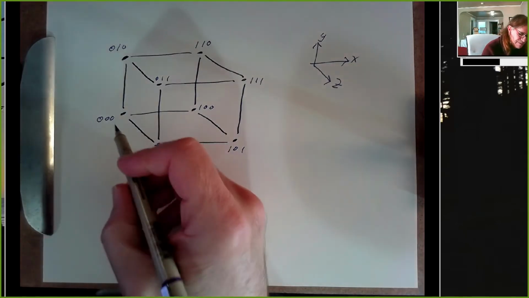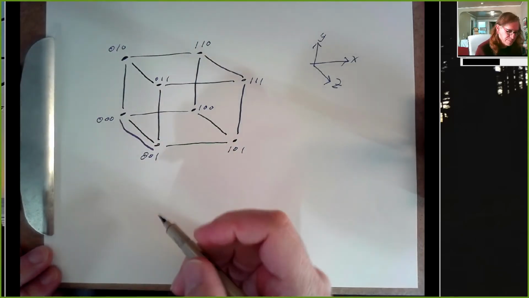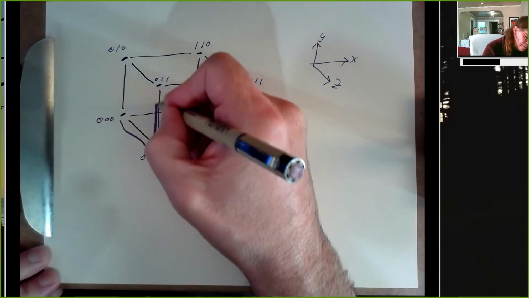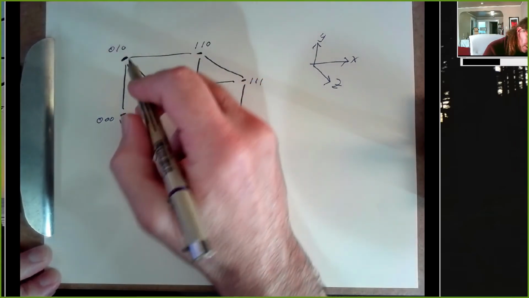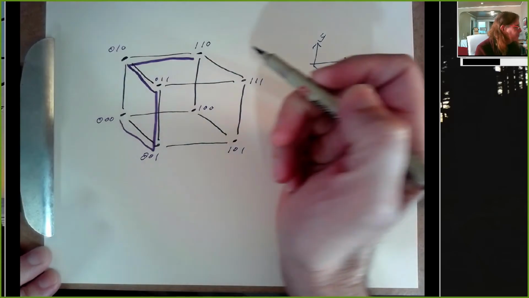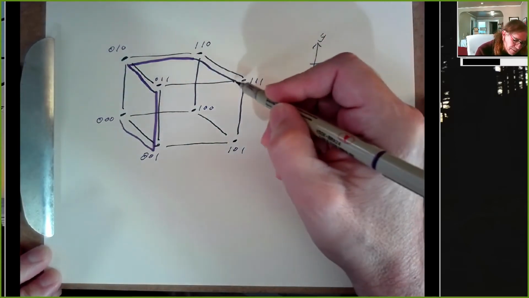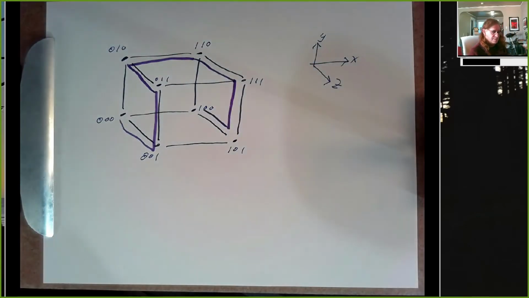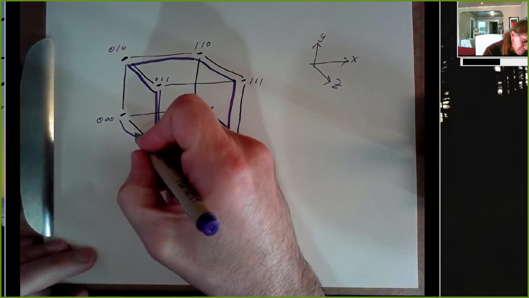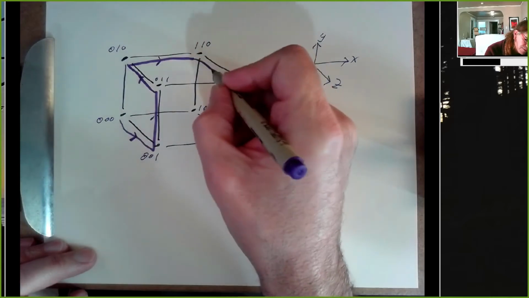So let's start off here, and let's come over here, and then go up, and then let's go back, and across, and then let's go forward, and then down, and then back. All right, that's an example of a Hamilton path. There are other ones we could make.